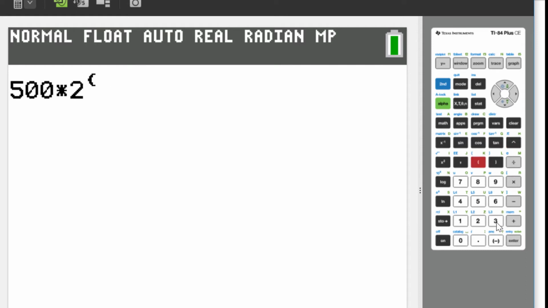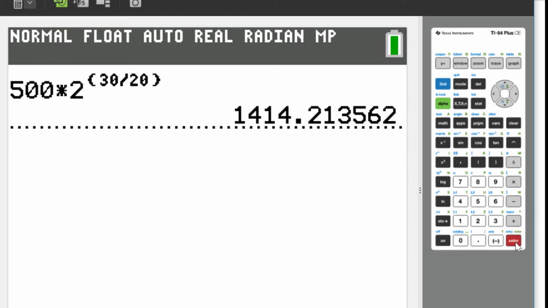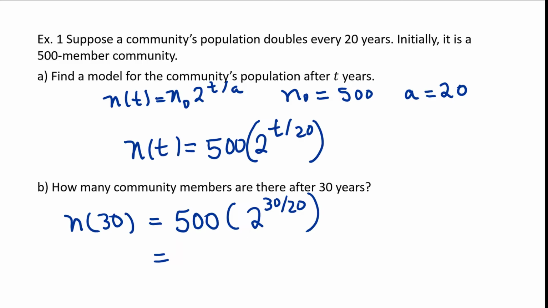You can do just 3 halves, but I'll go ahead and put in 30 divided by 20, close parenthesis, and press enter, and we get 1,414.213562. And the population will round to the nearest whole number is 1414. It ought to make sense to you that if it takes 20 years to double, that means 20 years to go from 500 to 1,000, then 10 more years after that should be over 1,000 in the community.